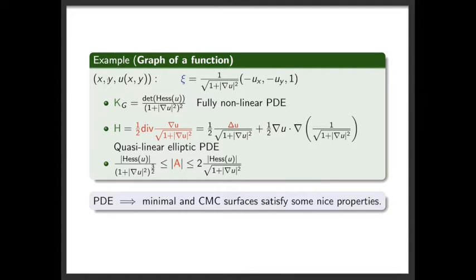Also, when the surface is given by the graph of a function, we have this estimate for the norm of A, which tells us that if you know that the gradient is bounded, so not only do you have a graph, but you also know the gradient is bounded, then the norm of A and the norm of the Hessian are more or less the same thing. And it is, among other things, the fact that you have this nice PDE that tells us that minimal and CMC surfaces satisfy some nice properties.